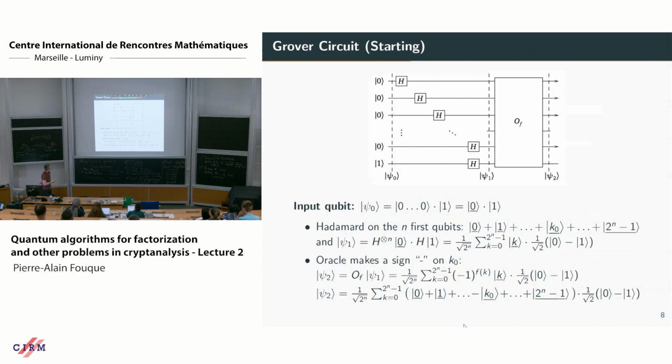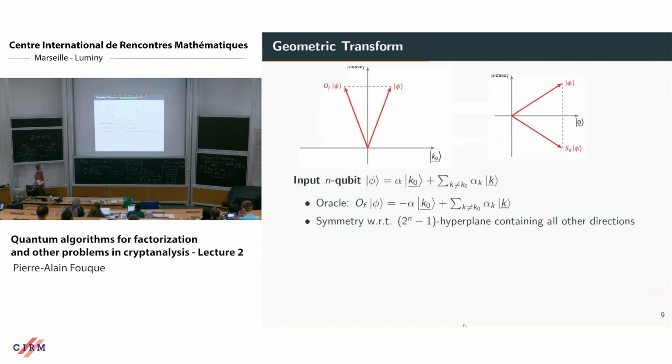Just have a sign on the right position. And I just have to apply this symmetry. And I see that this is a symmetry according to all of the values here. So the oracle is doing this. You see that the sign here is minus for k0, and all of the other values are unchanged. So it's a symmetry according to the hyperplane here.